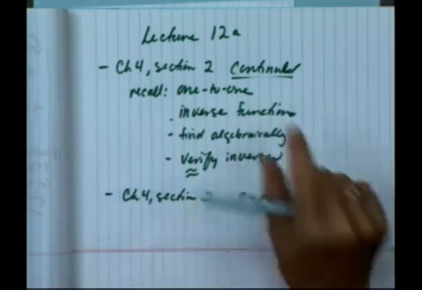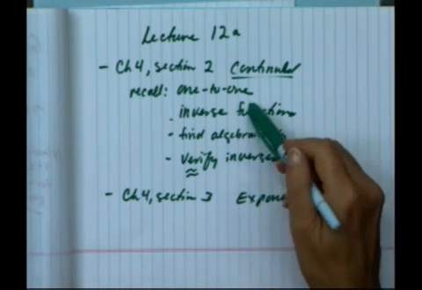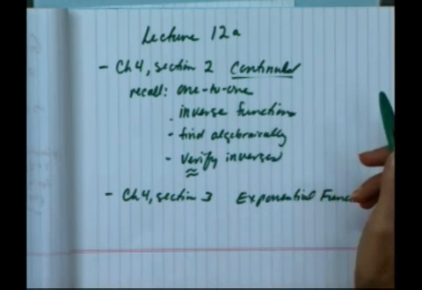Yesterday we talked about what is required for a function to be one-to-one. It must pass the vertical and horizontal line tests. That is true. It already had to pass the vertical line test to be a function to begin with.